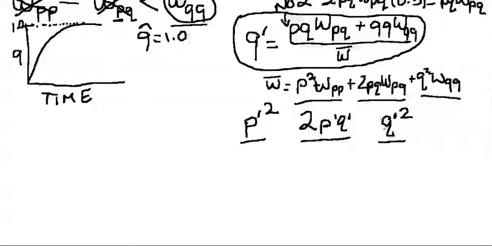And remember, what we should be seeing is the Q allele continuously increasing until it actually reaches 1.0, and it will reach 1.0, and then we're done.